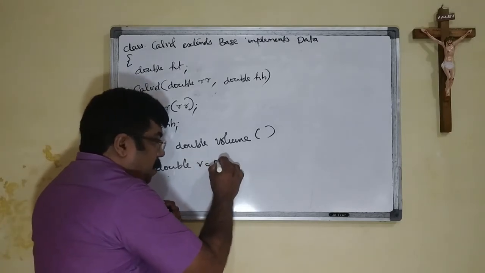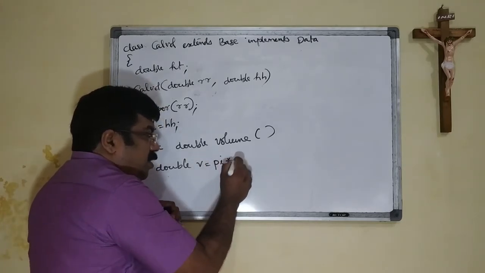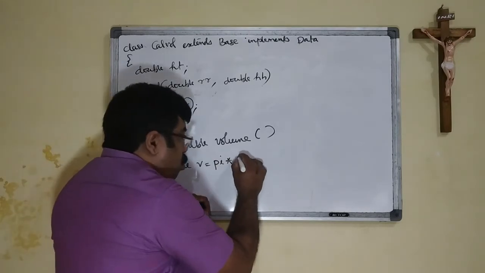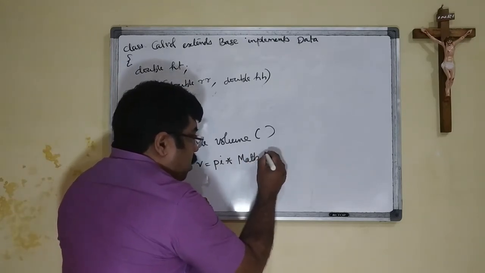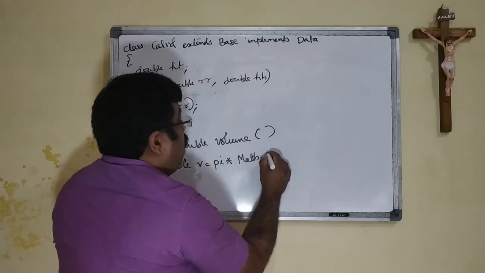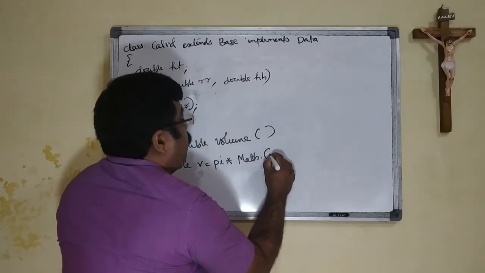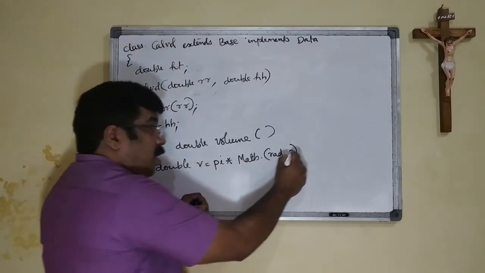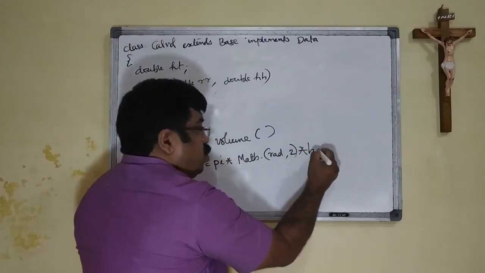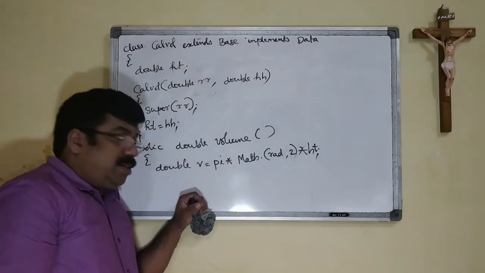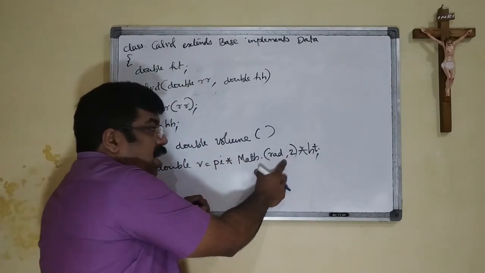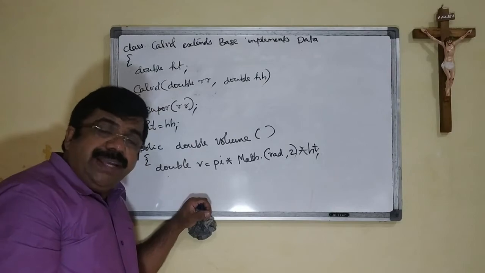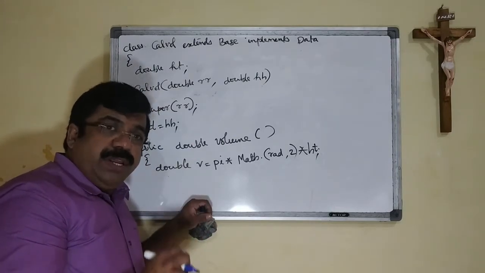So we have a pi which is from that interface, Math dot, radius square, radius comma 2, radius square into ht height, pi r square height h calculated.